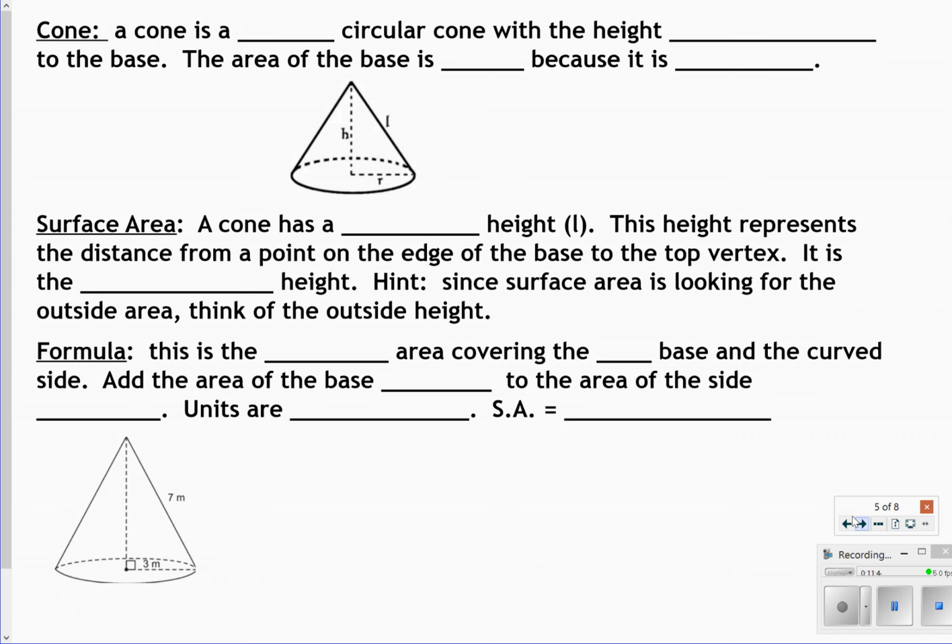All right, let's go now and talk about our cone. These shapes are very similar in that they both come to a top point and they have one base at the bottom.